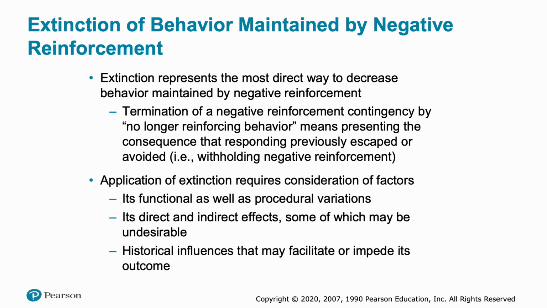Escape extinction is a very effective procedure for behaviors that are maintained by negative reinforcement. Incredibly effective. An example of this would be if you have a client that engages in aggression to get out of completing a task, we can implement escape extinction whereby they no longer are able to escape the task by engaging in aggression.